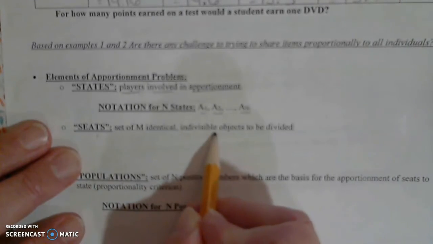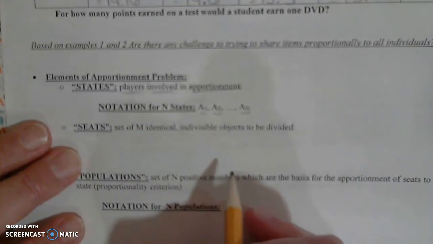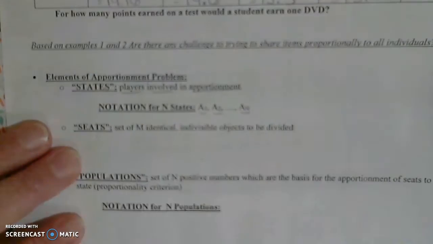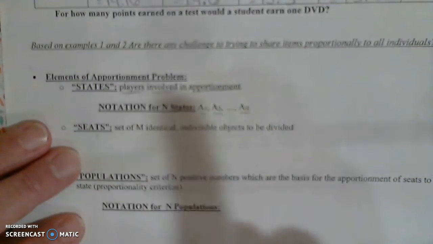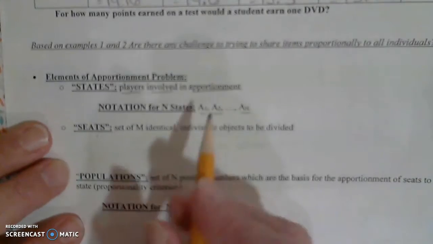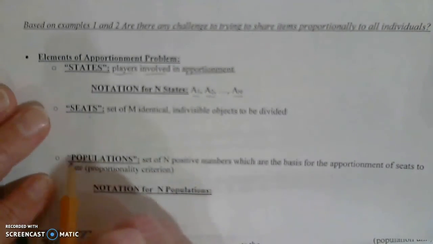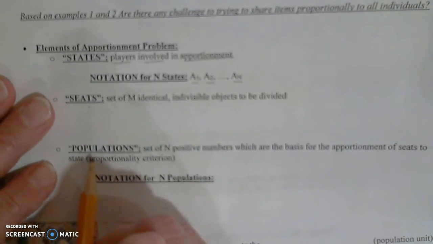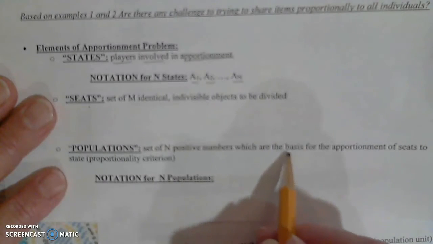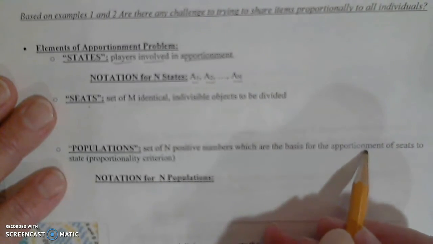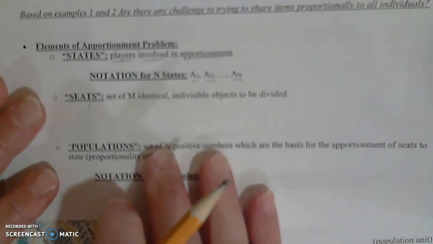And indivisible means that one seat cannot be shared by multiple states. So once again, going back to the chocolate, one piece of chocolate cannot be divvied up to 3 different children. Okay? And last but not least, how it is given, the populations, is the set of n positive integers which are the basis for the apportionment of seats to states. Okay?